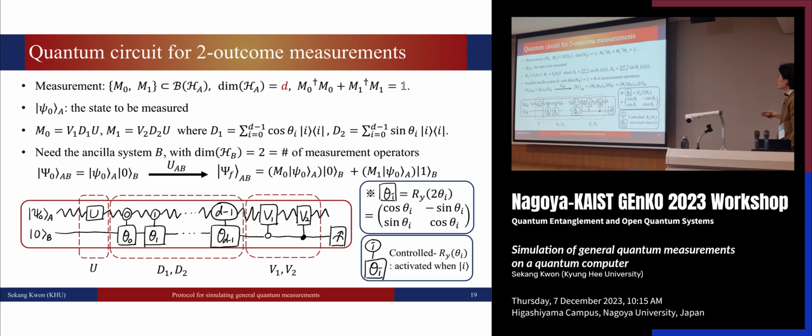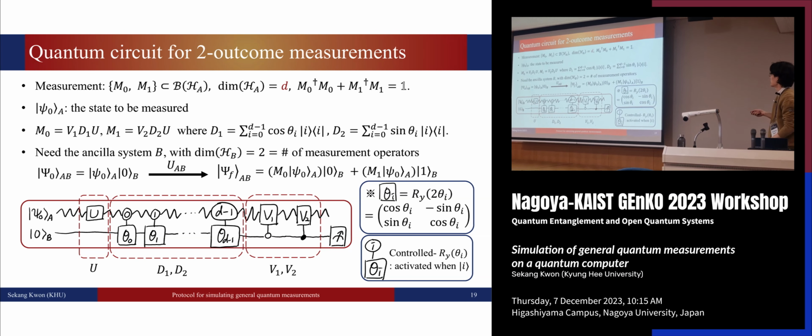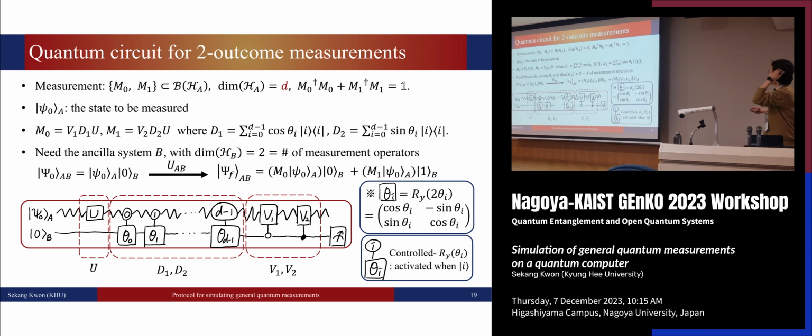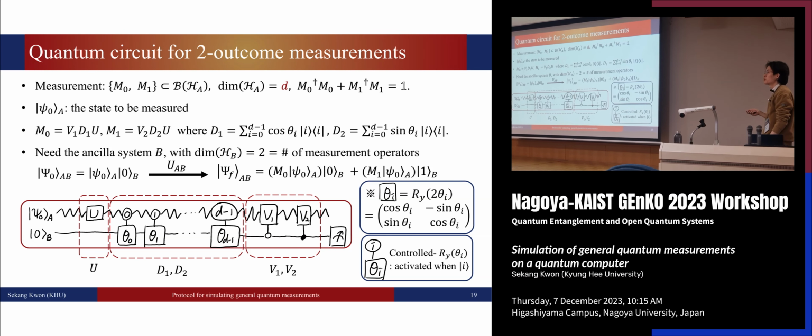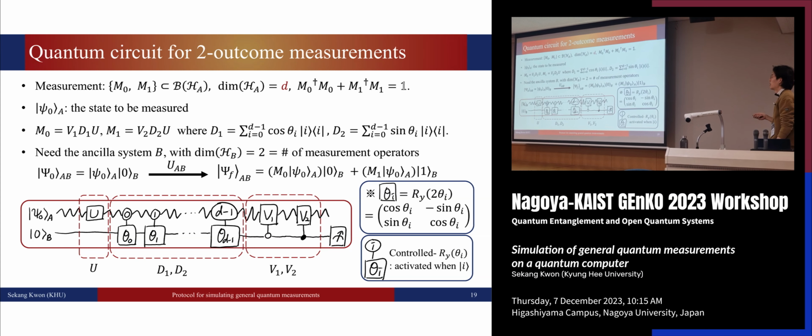I drew a zigzag line here because I want to represent that system A is an arbitrary qubit system, and system B is a qubit system.